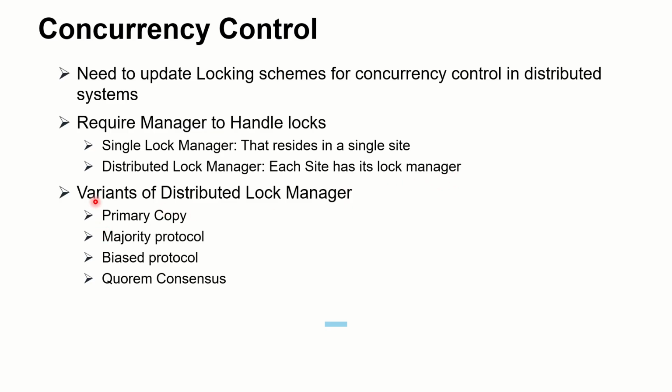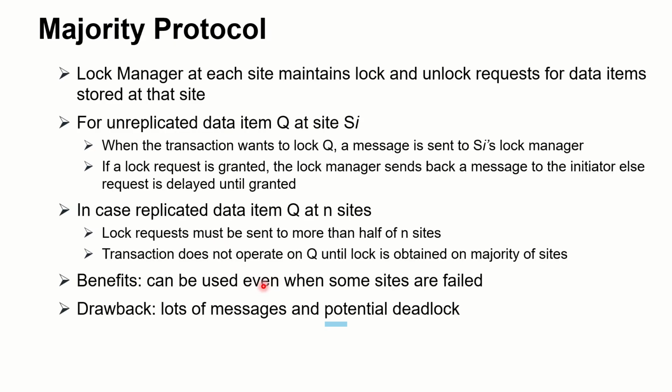There are generally four types of protocols for the distributed lock manager: primary copy, majority protocol, biased protocol, and quorum consensus. We will not discuss primary copy, but we will discuss majority protocol, biased protocol and quorum consensus.